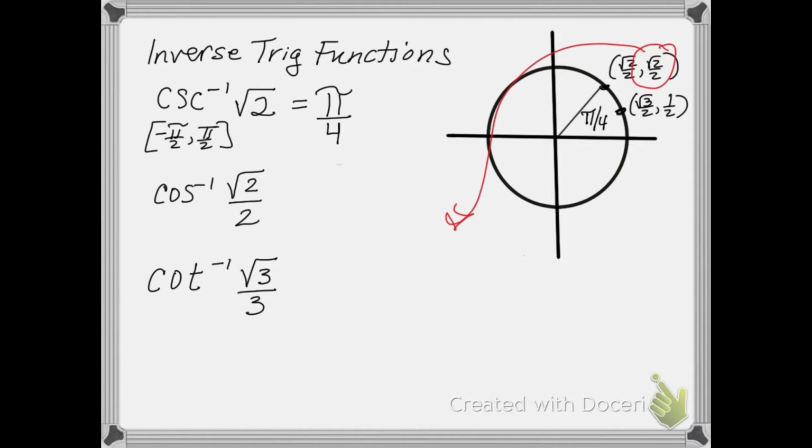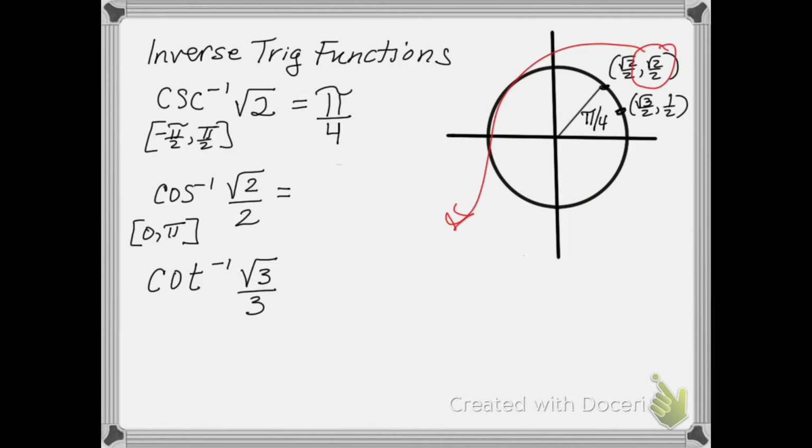Okay, so let's go to this cosine, inverse cosine of rad2 over 2. So I want the x-coordinate on the unit circle, and for this one, I want to be between 0 and pi when I'm talking about cosine.